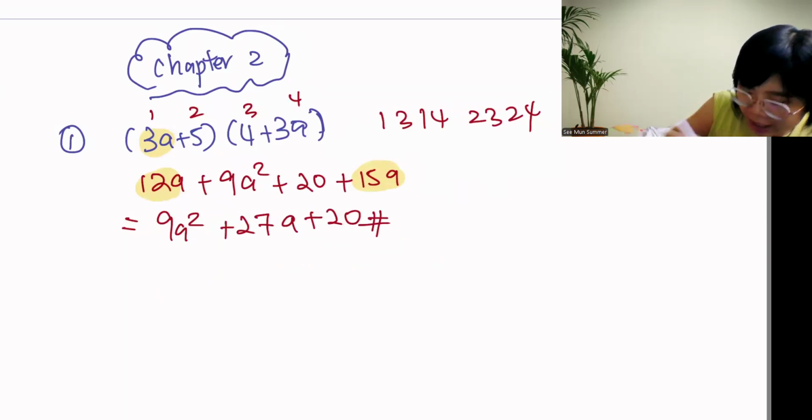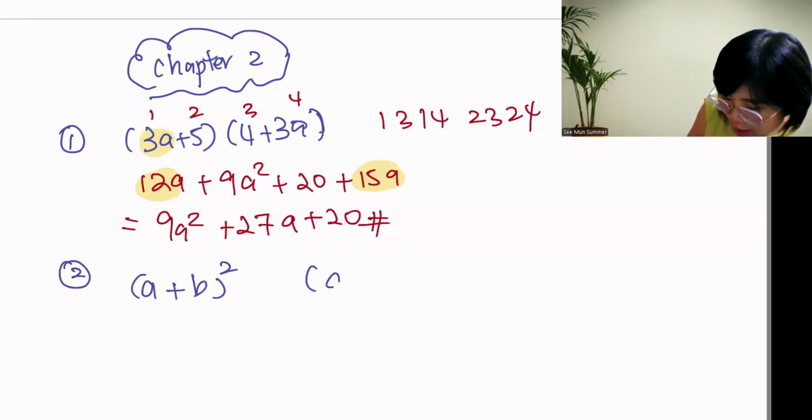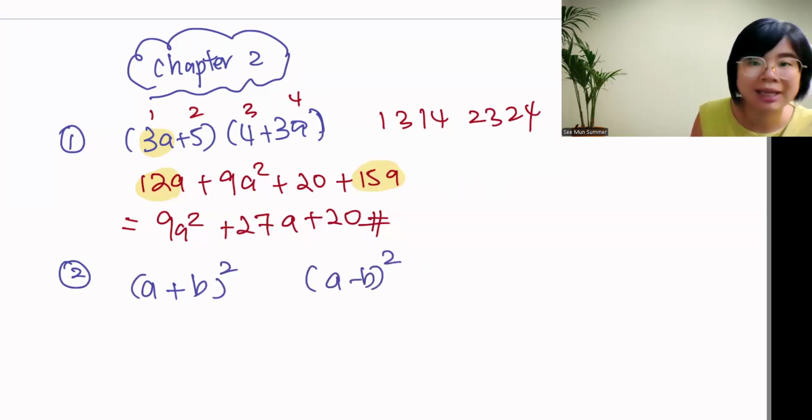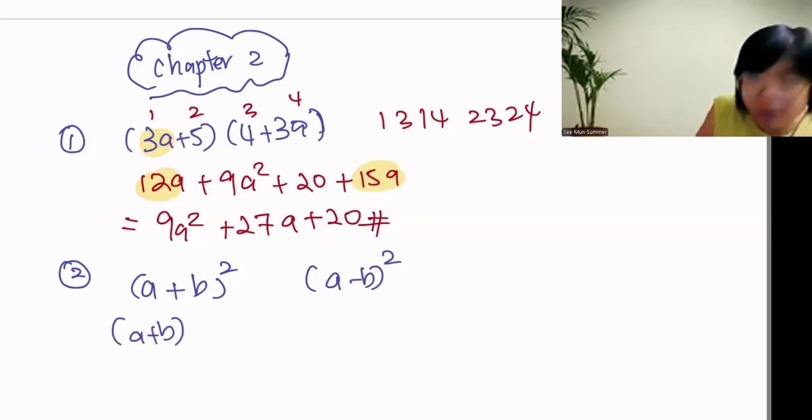The second one is quite similar. When you see a plus b and then the bracket outside has a square, or even a minus b with the bracket outside having a square. This is almost exactly the same as the previous one, just that you need to write a plus b twice because it's square, right?